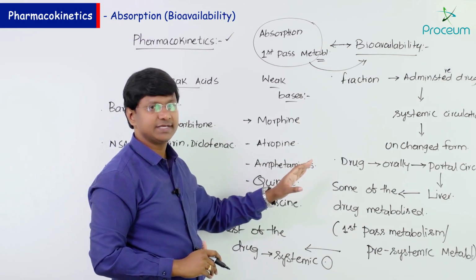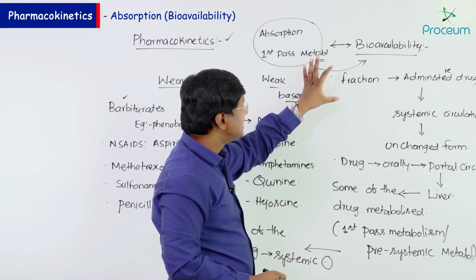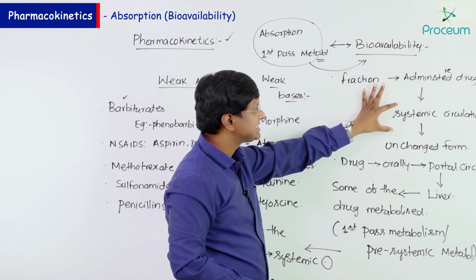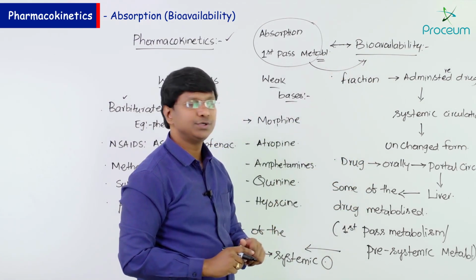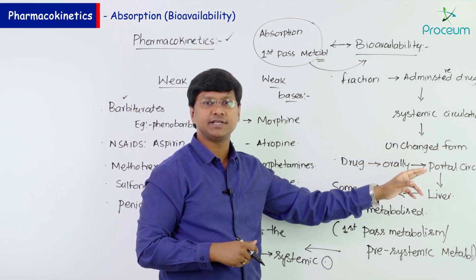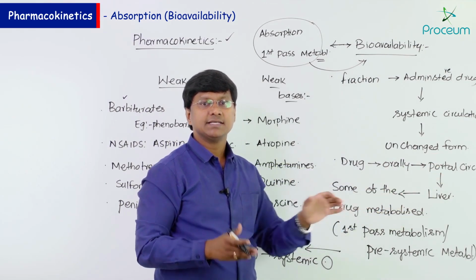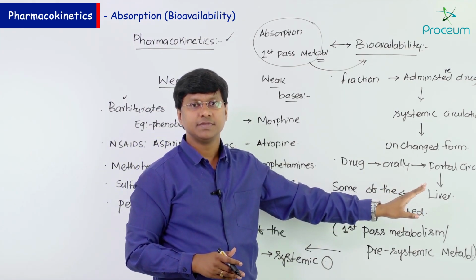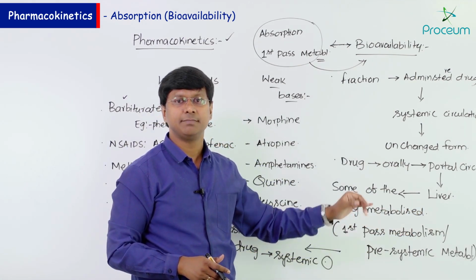Let me shortly summarize what we have discussed. Bioavailability is the fraction of the administered drug that reaches the systemic circulation in unchanged form. Once the drug is administered orally, first it is absorbed into the portal circulation and then it reaches the liver, and some of the drug may be metabolized within the liver, which is called first pass metabolism or pre-systemic metabolism.